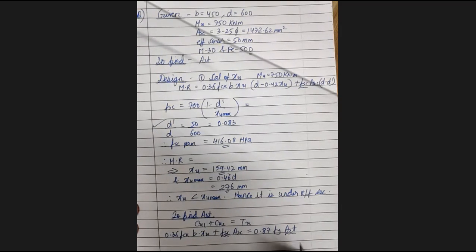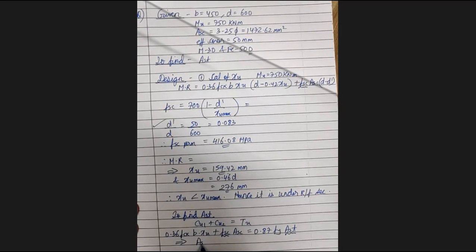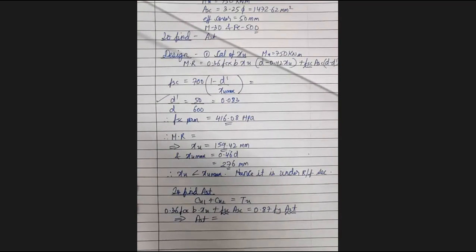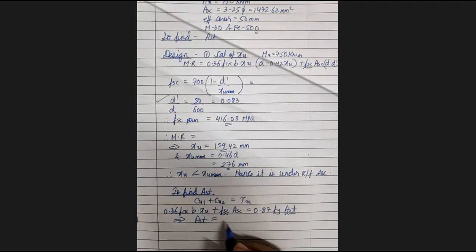FSC is also known to you, which implies AST is 3189.67.